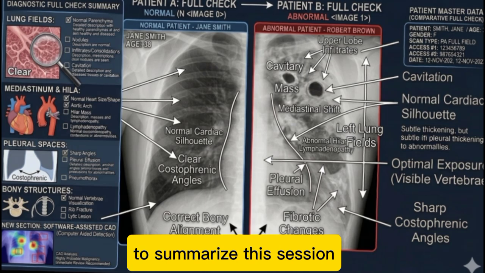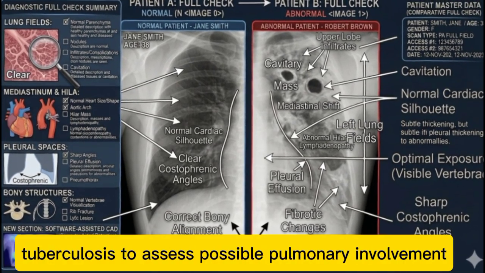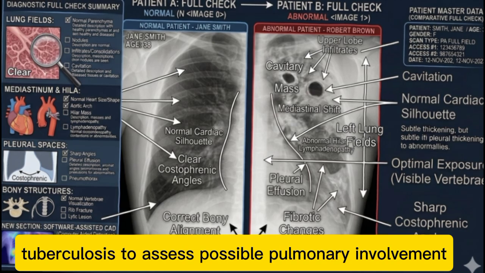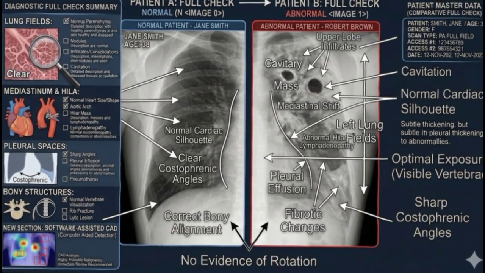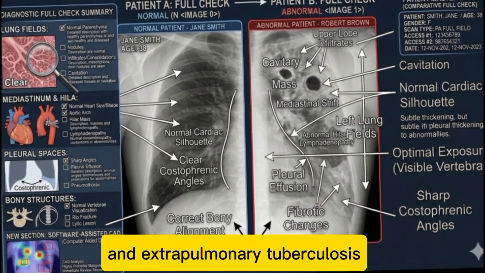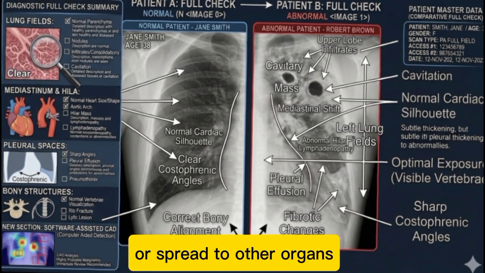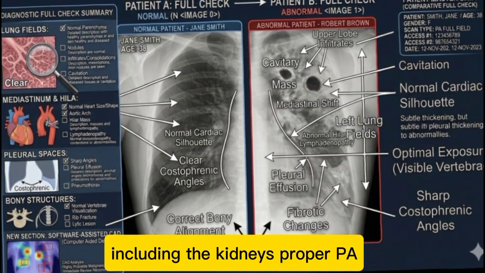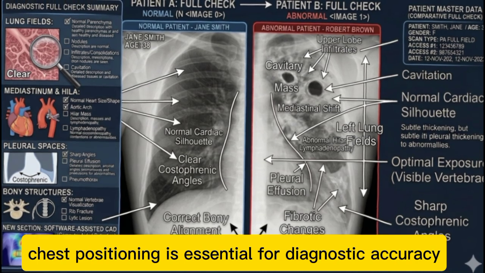To summarize this session, chest radiography is performed in cases of renal tuberculosis to assess possible pulmonary involvement, since tuberculosis is a systemic infectious disease. There is a strong relationship between pulmonary and extrapulmonary tuberculosis. Infection in the lungs may coexist with or spread to other organs, including the kidneys. Proper PA chest positioning is essential for diagnostic accuracy.